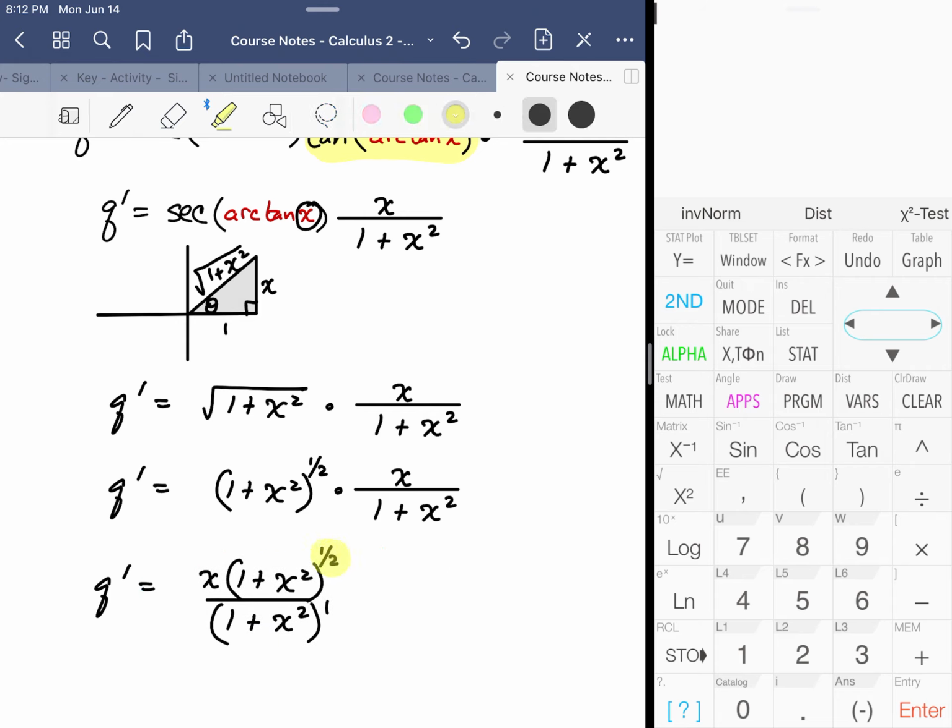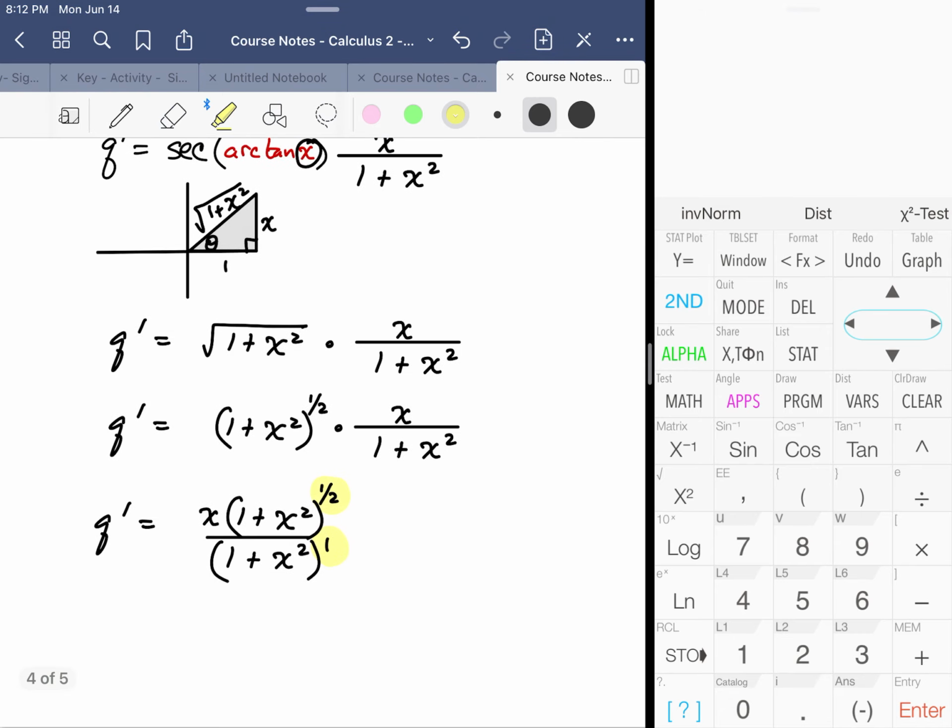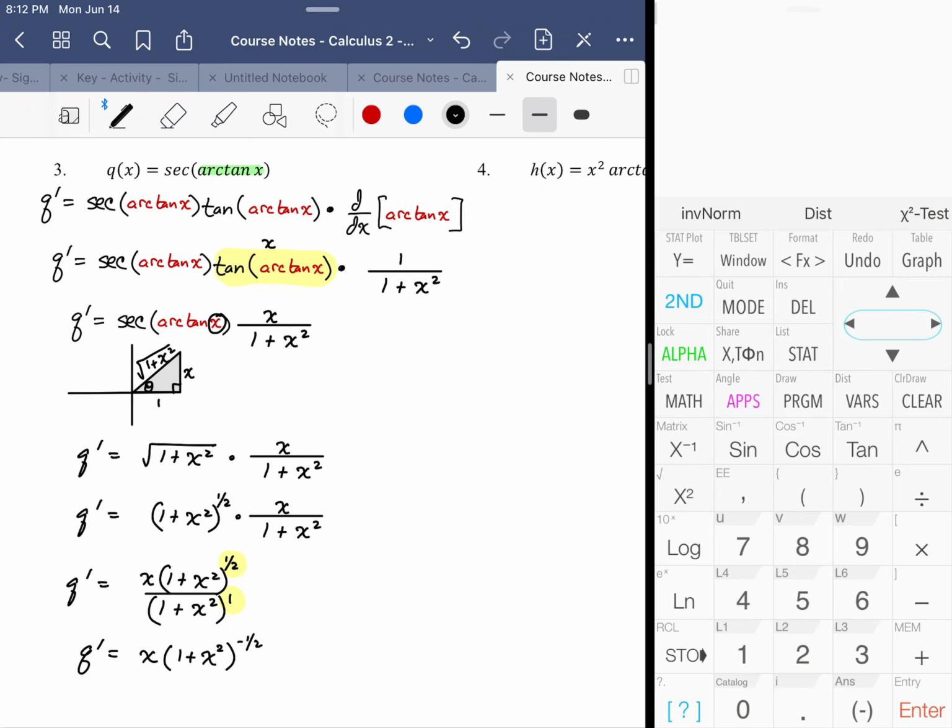If you keep the base and subtract your exponents, you get x times 1 plus x squared to the negative 1/2 power. And that's a whole lot cleaner than what we started with. Alright, so definitely, probably, possibly worth the time.